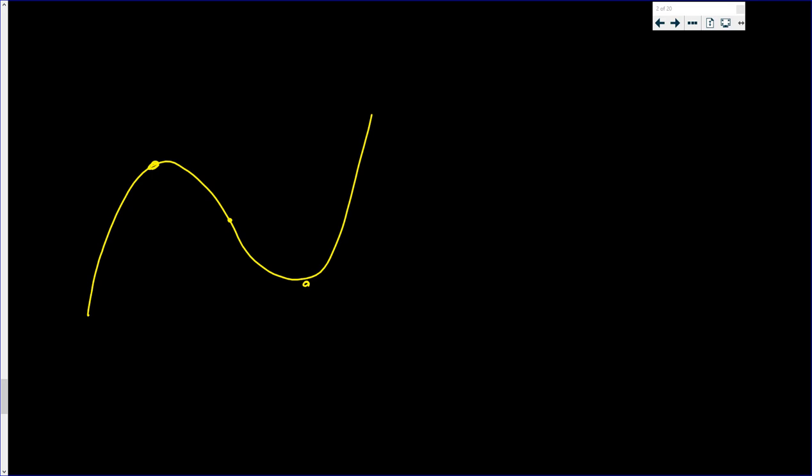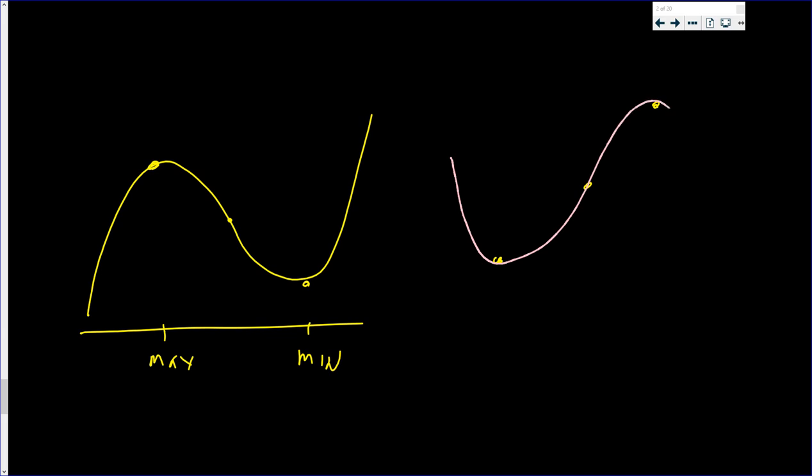That's where the max is to the left. You have the max and then a min. But what if you have a min and then a max and the point of inflection in between? It must go that way. So just knowing these 3 points is enough to graph a cubic.